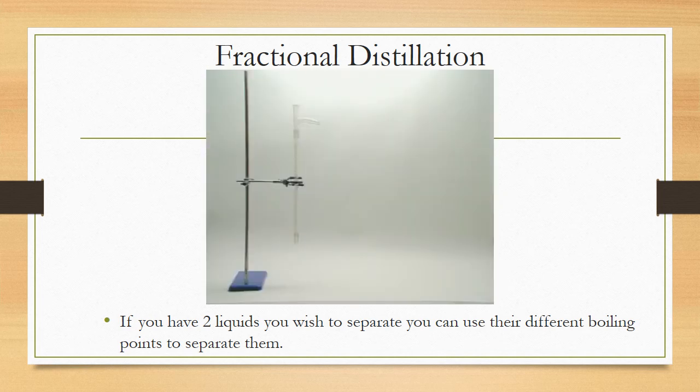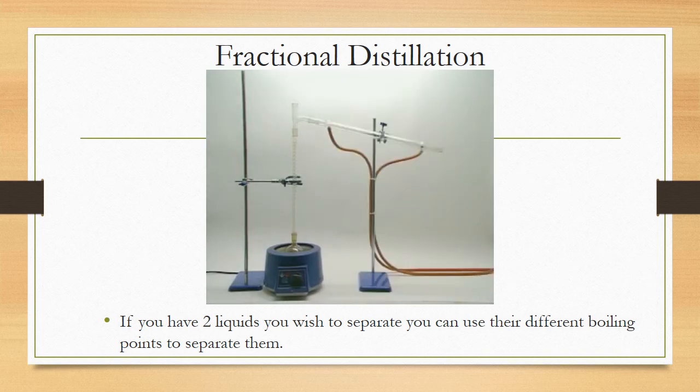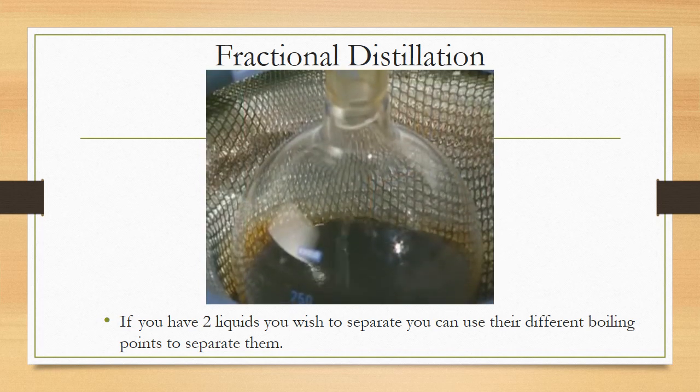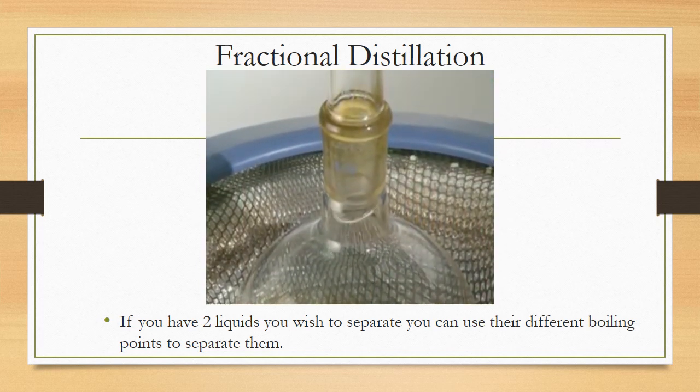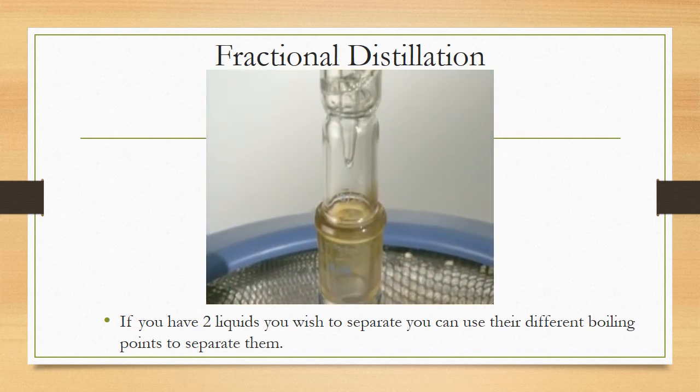On a larger scale, a fractionating column is used. The oil is heated with an electric heater for safety. The vapour is condensed by a Liebig condenser and is collected in a conical flask. Hot vapour rises up the fractionating column.